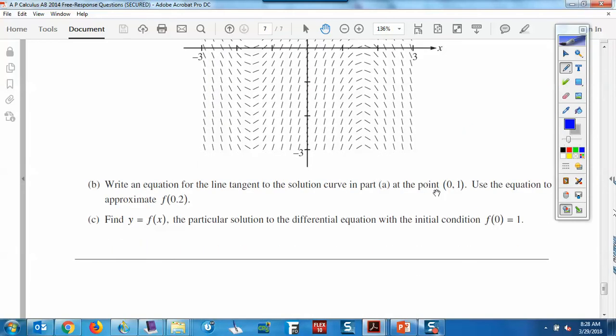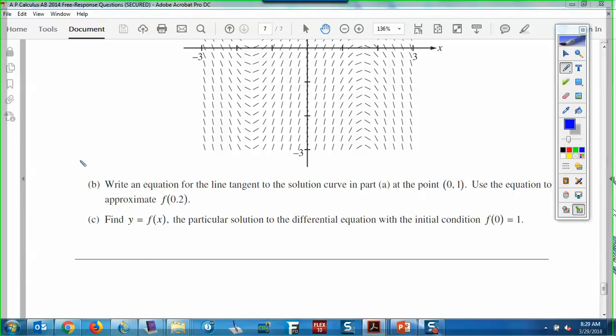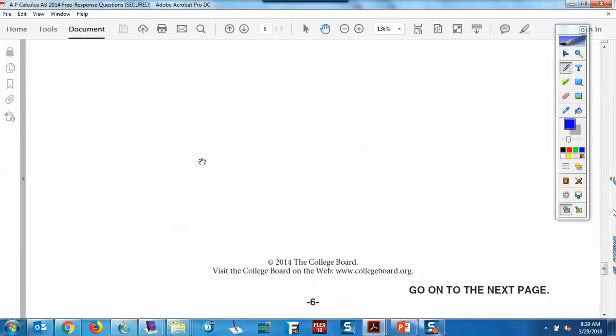That gives you your slope, you've got your point, write your tangent line, and then plug in point 2, to approximate point 2. Remember the whole point: if you've got a curve and you don't know what the curve is, but you do a tangent line at the point 0, 1, then the point on the line at 2 is really close to the function value at that point. So do the tangent line and then just plug in your point 2. So skip part C. There's a couple of parts in here we can't do.